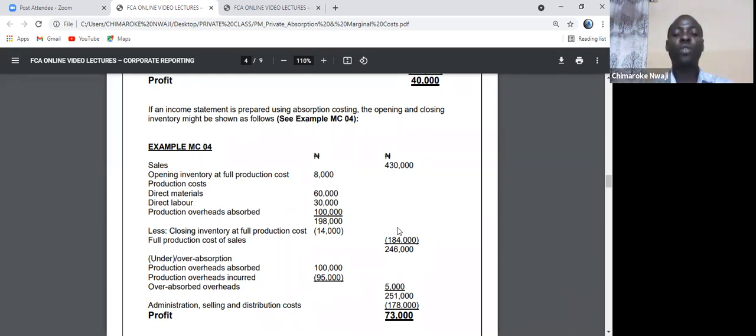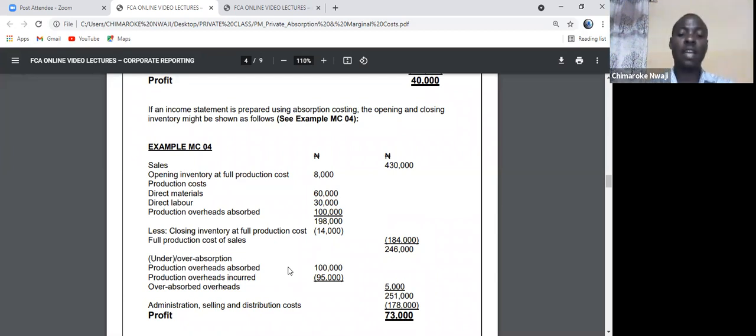Then if you want to know whether you have over or under absorption, how do you check that? Your production overhead absorbed, you absorb 100,000 Naira. That is your production overhead absorbed. But what about the actual production overhead incurred?